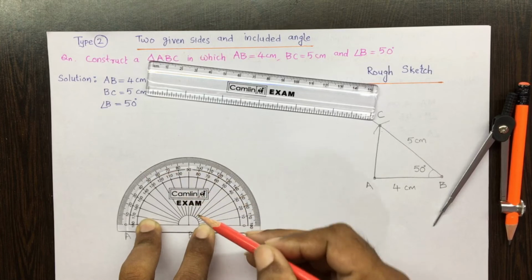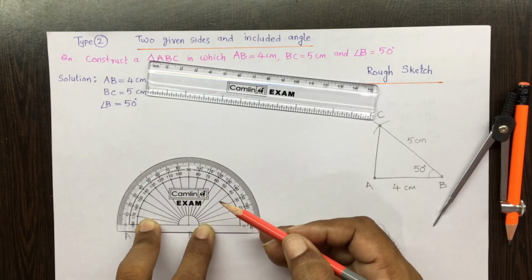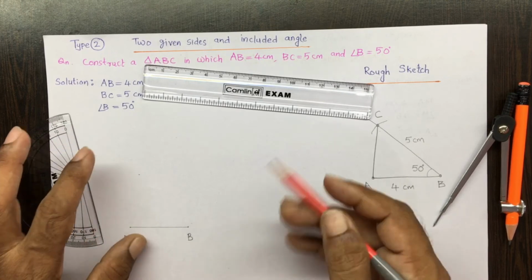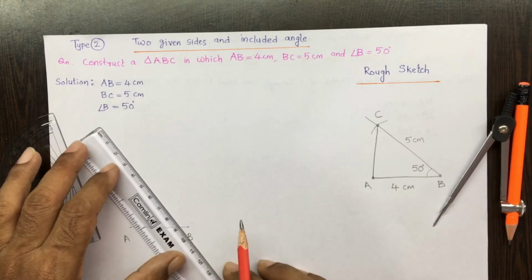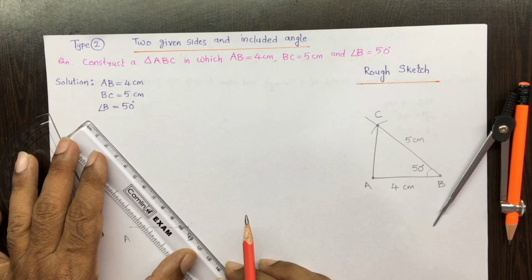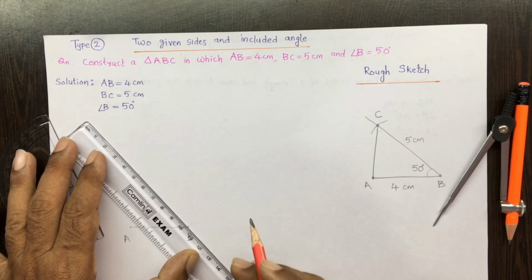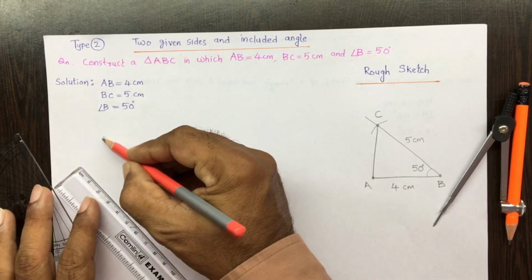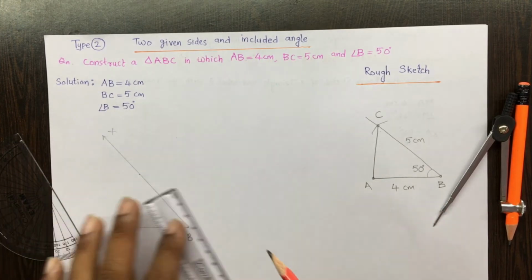You mark a point at 50 degrees using the protractor and then join this point, extending a ray, say BX.